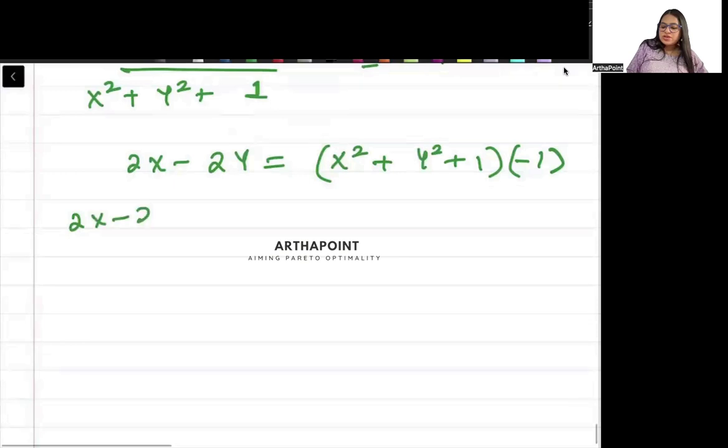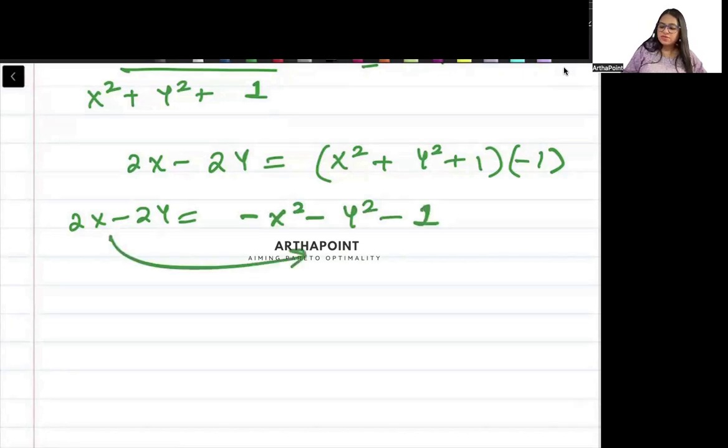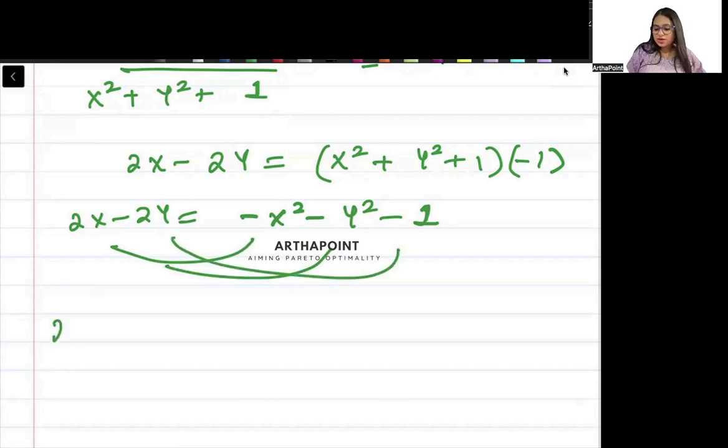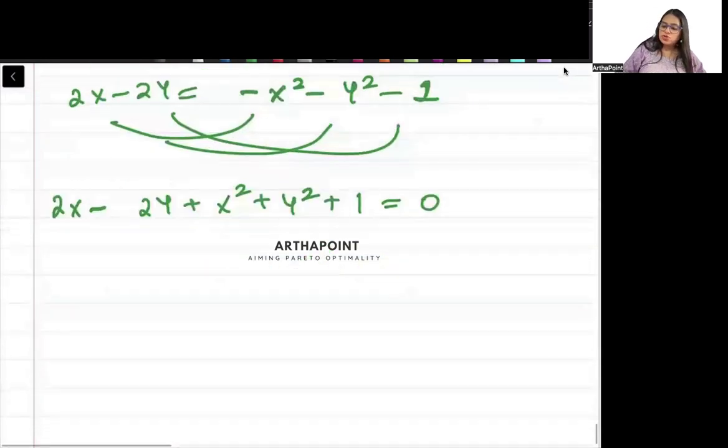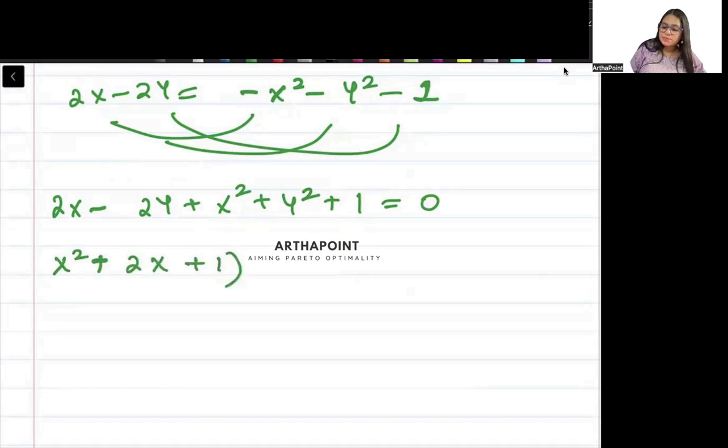This will give me 2x minus 2y is equal to minus x square minus y square minus 1. I will take everything on this side. So I will get 2x minus 2y plus x square plus y square plus 1 is equal to 0. So I will get x square plus 2x plus 1 plus y square minus 2y is equal to 0.